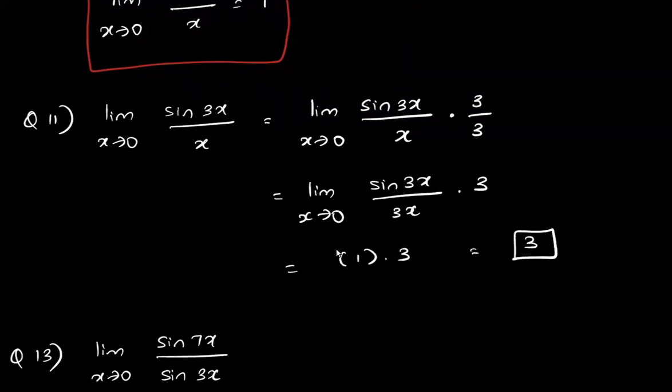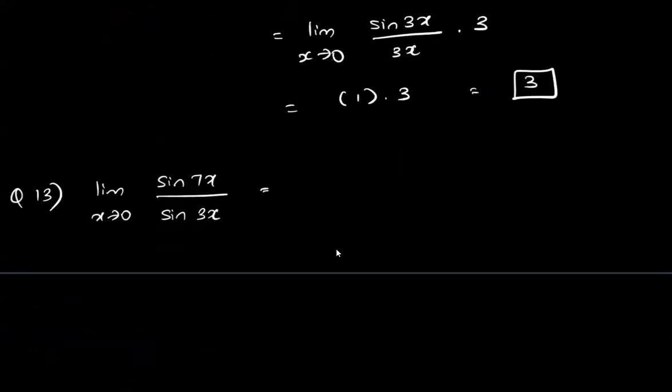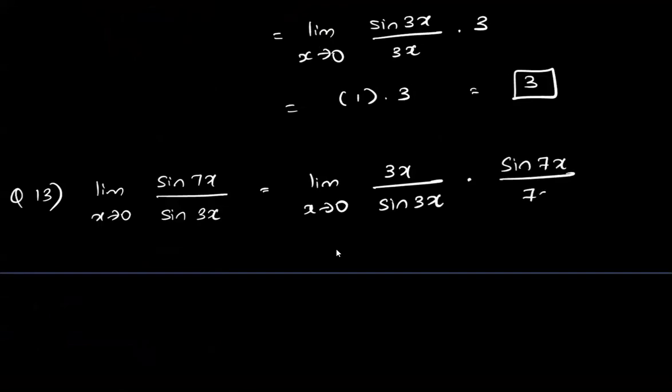Okay. Now we're going to do the same thing in here. What we are going to do is we want 3x over sine 3x, okay? And then we want sine 7x over 7x. But remember, the 3x was not there, so I need to take it away. The 7x was not there either, so I need to take it away, okay?